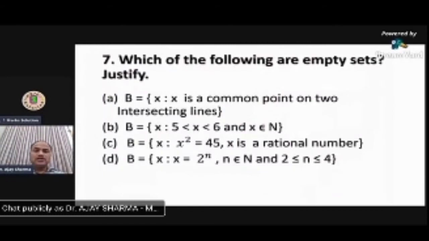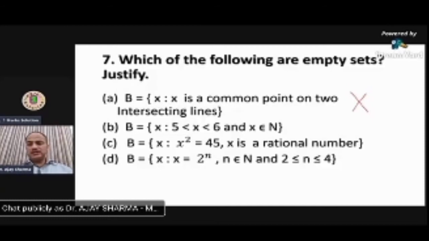Now next, which of the following are empty sets? We have to justify our answer. B is X such that X is a common point on two intersecting lines. Suppose we have two intersecting lines like this.